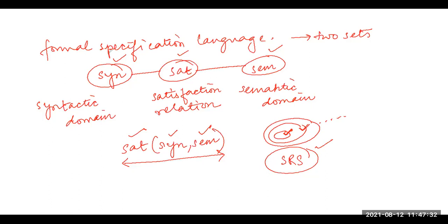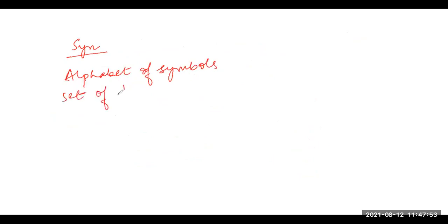Okay. If I talk about the syntactic domain, it consists of an alphabet of symbols, and it also consists of a set of formulation rules.